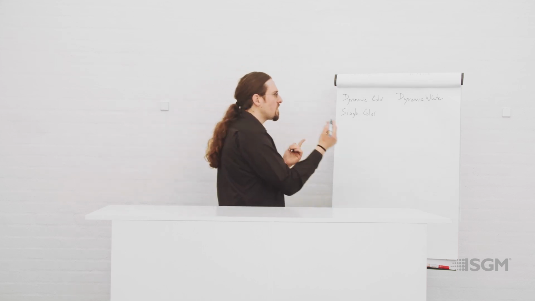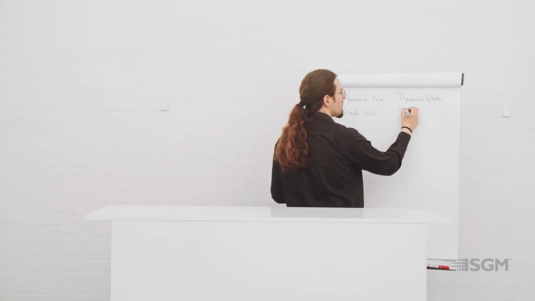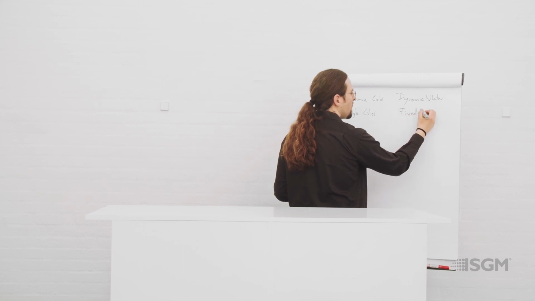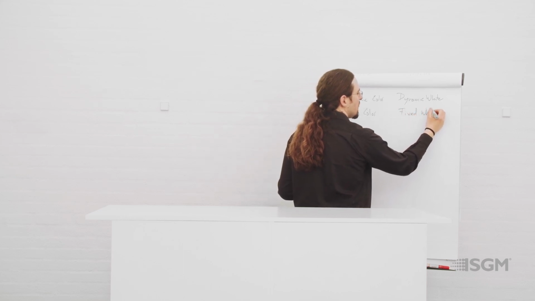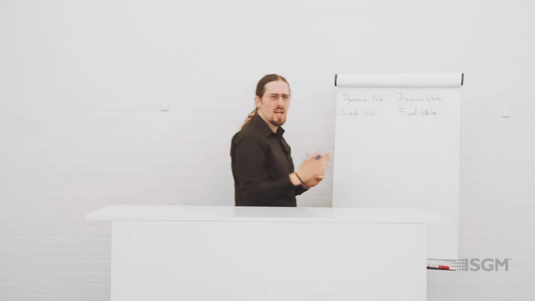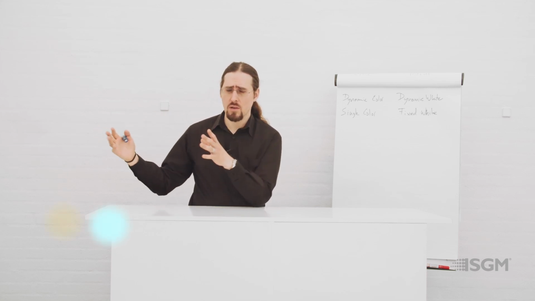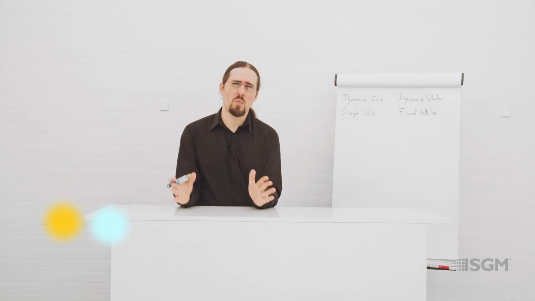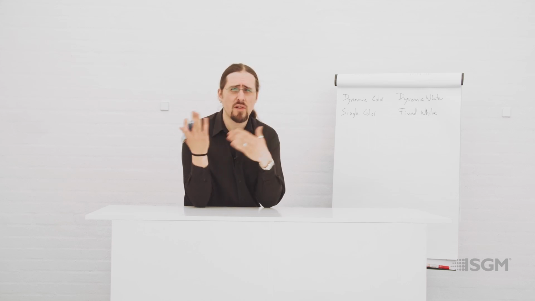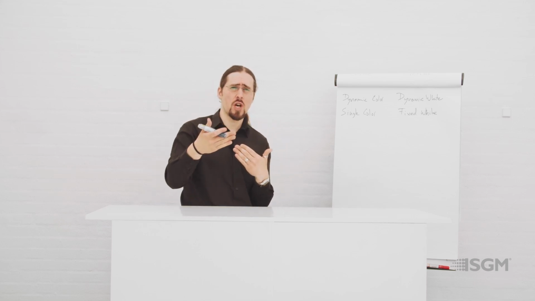Apart from that, you also have the chance to go for a fixed white light source. And a fixed white light source is a light source that cannot change the color temperature. It has a native color temperature that can be cold or warm, but you cannot modify it anyway. So in the beginning, when you're using this fixture, you will get a lot of output out of it. You can modify it, of course, with filters and any other mechanical things on top.